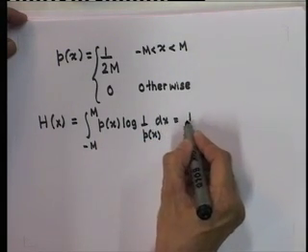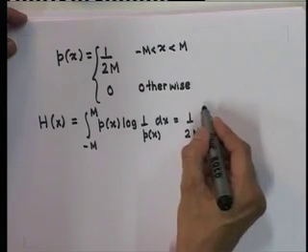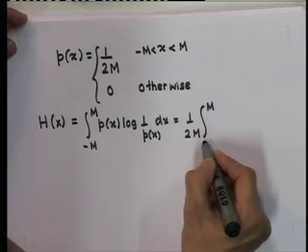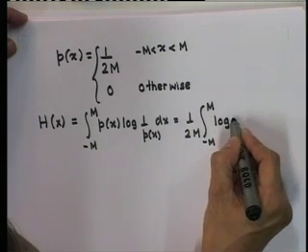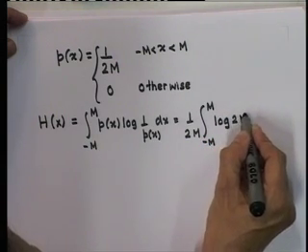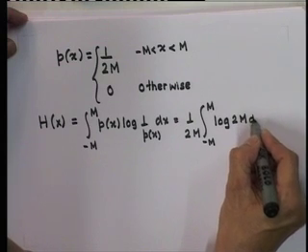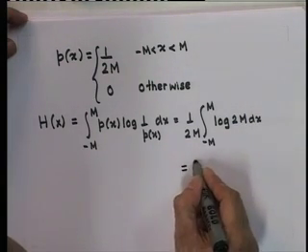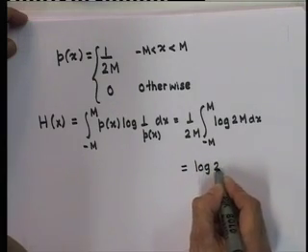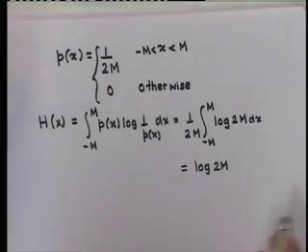Which results in 1 by 2 m times the integral from minus m to plus m of log of 2 m dx, which simplifies to log of 2 m.